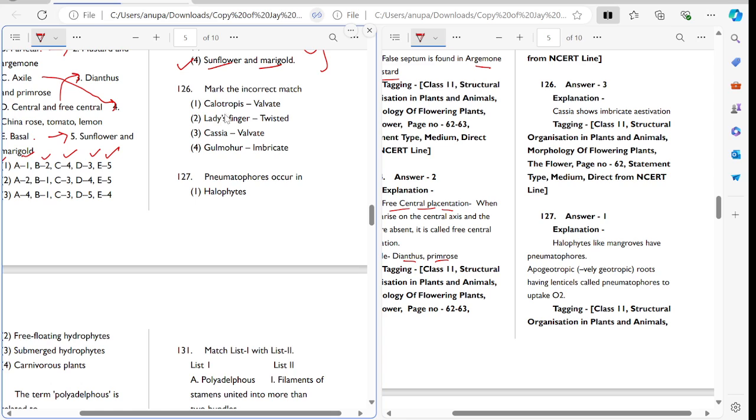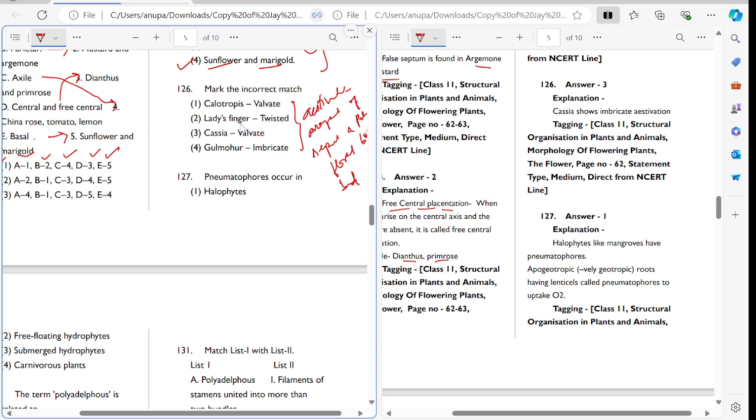In the first option, Calotropis is matched with valvate. Valvate, twisted, valvate, imbricate, these are all types of aestivation. Aestivation is the arrangement of sepals and petals in floral buds with respect to the other floral parts.